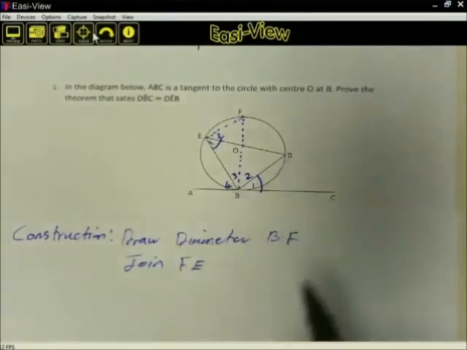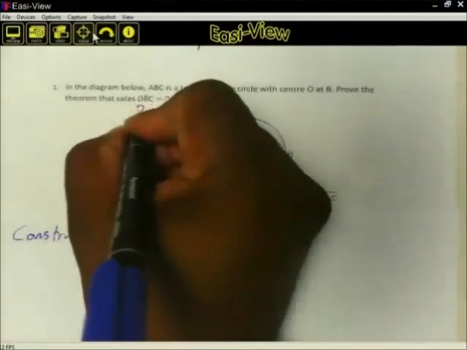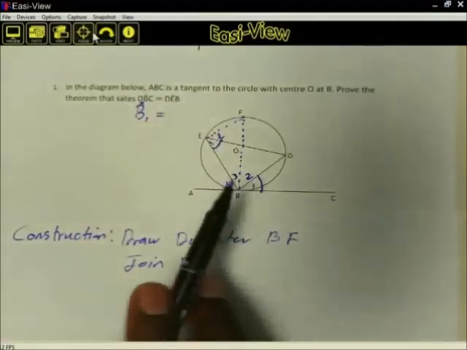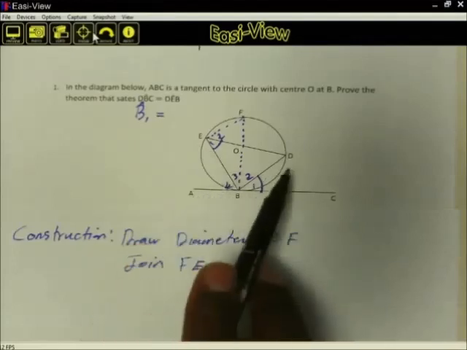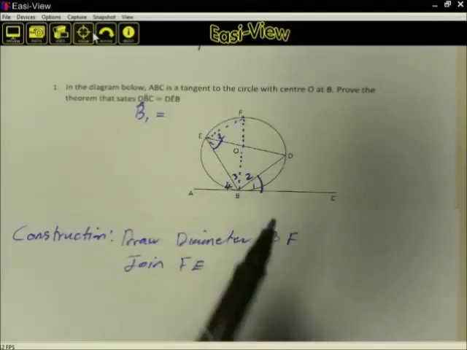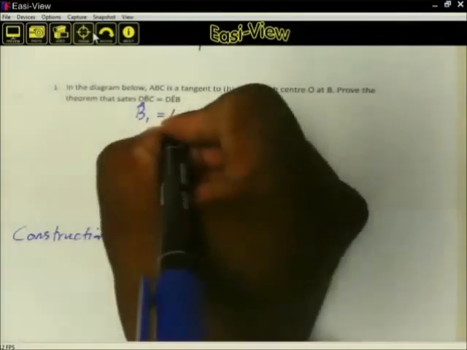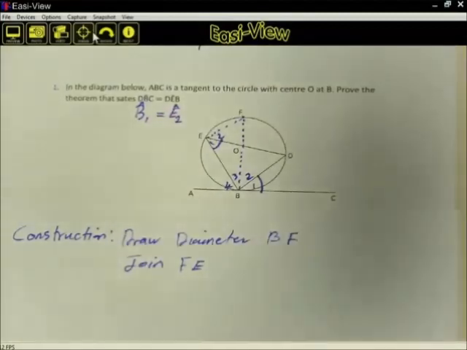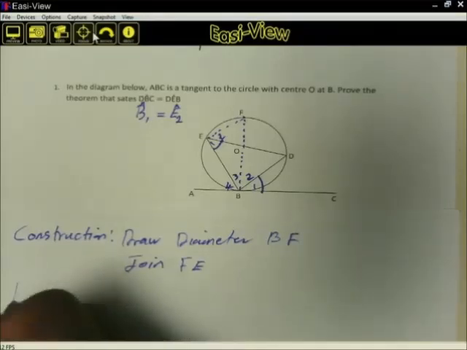Basically, DBC is our angle B1. We've got to prove that angle B1 is equal to DEB, which is angle E2. So we've got to prove that angle B1 is equal to angle E2. Let's prove now.